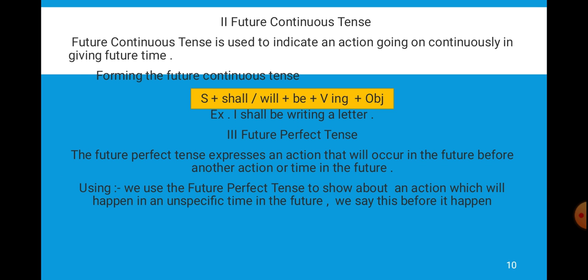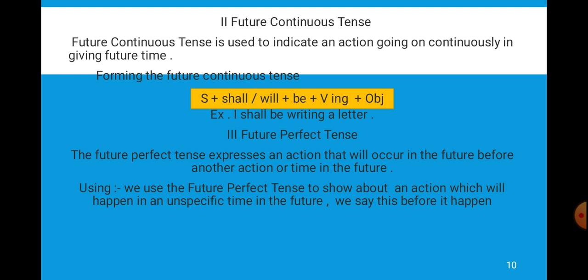Next, future perfect tense. The future perfect tense expresses an action that will occur in the future before another action or time in the future. We use the future perfect tense to show an action which will happen in unspecific terms in the future.